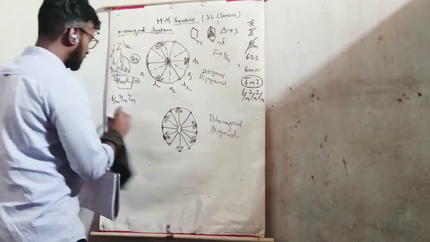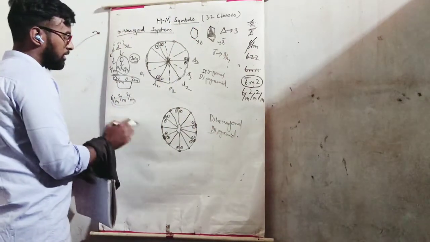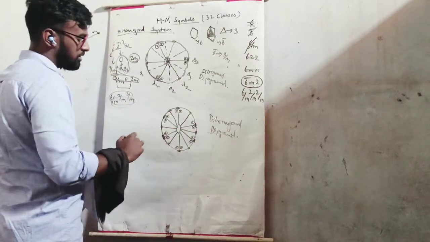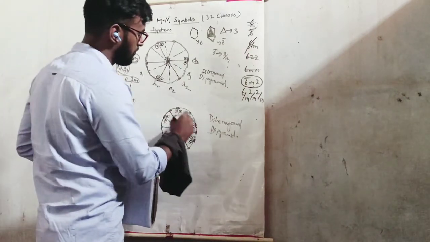So dipyramid because of the m in the denominator, and dihexagonal because 6 is being repeated. Here we have 12 operations. So there are 2 6s. That means 12 elements.